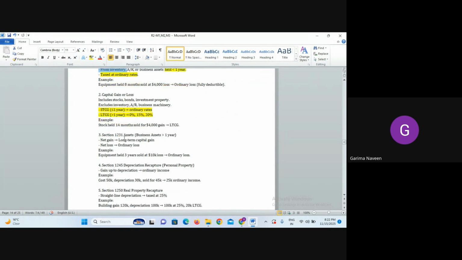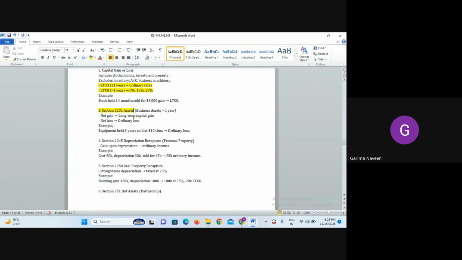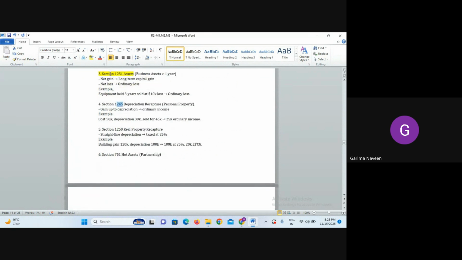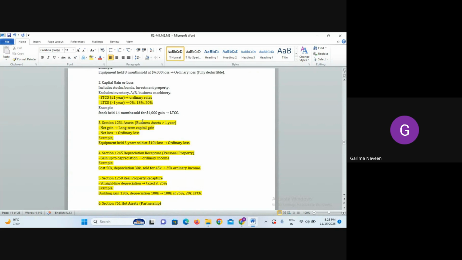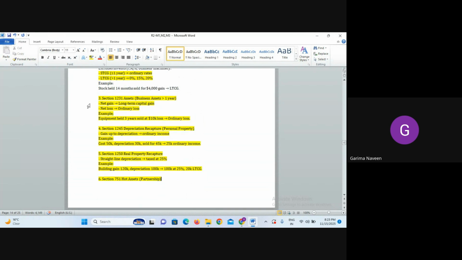But if you are holding an asset in a business for more than 1 year, that means it is providing you benefit for more than 1 year, then it can be classified under section 1231 assets. Everything about 1231 assets, section 1245 depreciation, and 1250 is all a part of your TCP section. I can explain it, but no worries, it will not be asked in the REG exam.